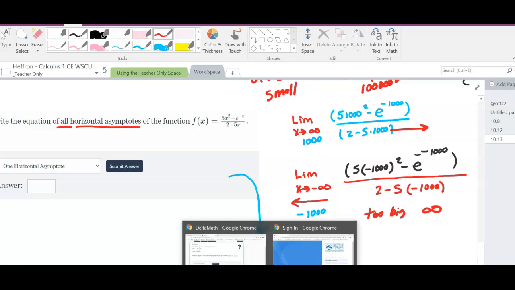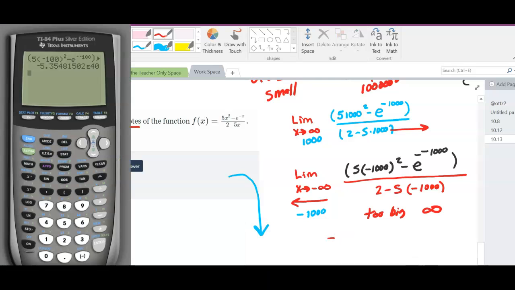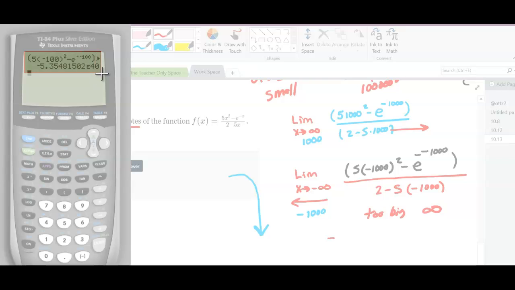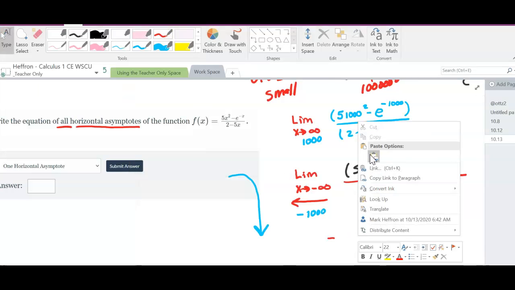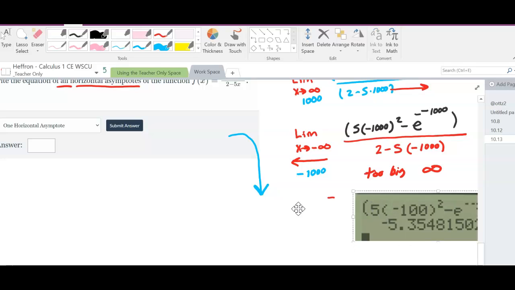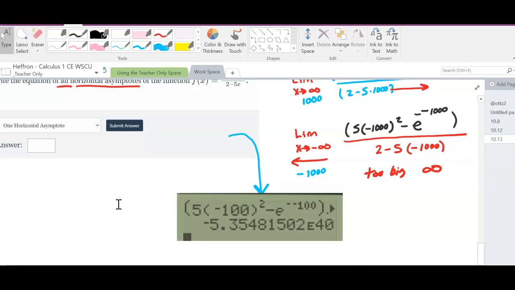Let's pull that back up and copy it in. This negative sign means I'm going to be negative, and that huge number means we're actually negative infinity.